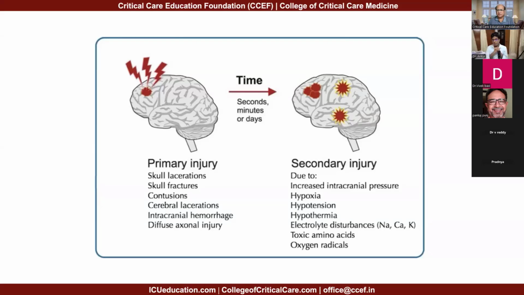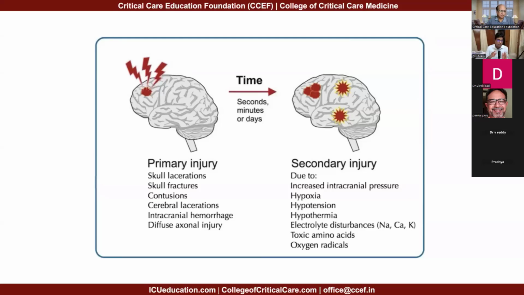Whenever we talk about traumatic brain injury, there are two aspects we are discussing. One is the impact which has happened at the time of injury, at the time of collision, or gunshot, or blast injury, anything which has happened at the time of injury per se.